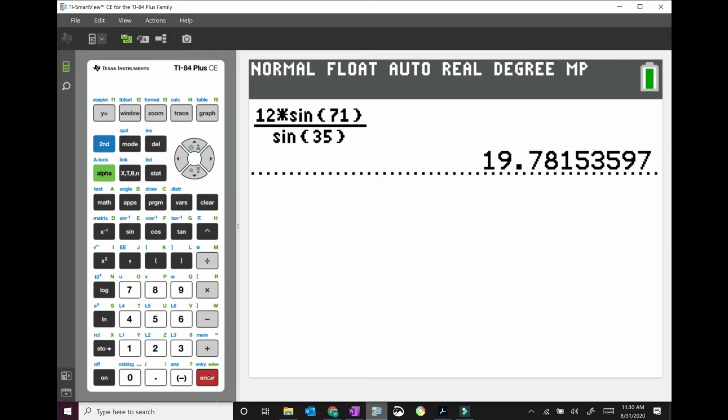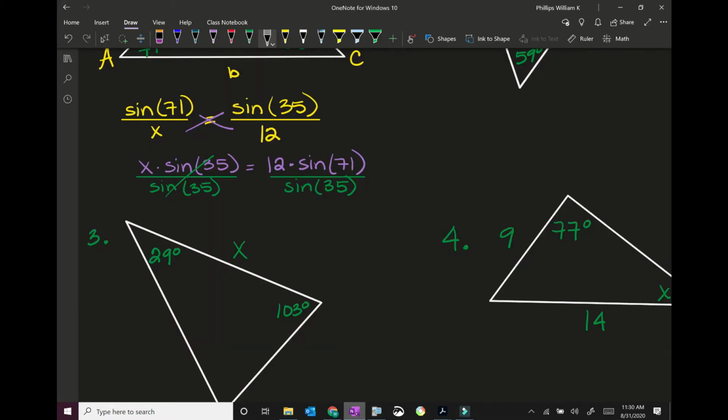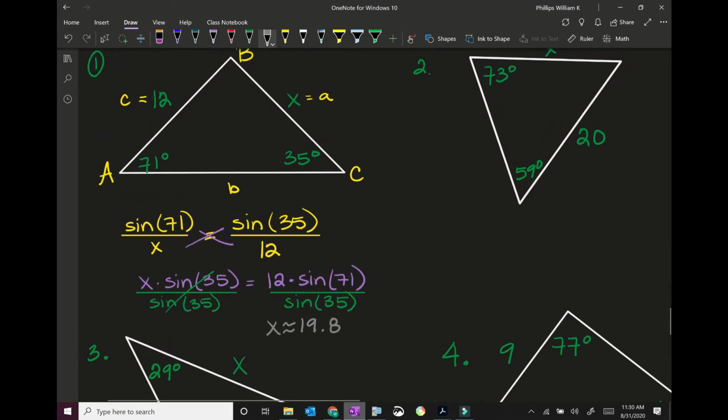And that will give us approximately 19.8. For all of these, I'm going to be rounding to the nearest tenth. So x here is approximately 19.8. That would be the length of my side.